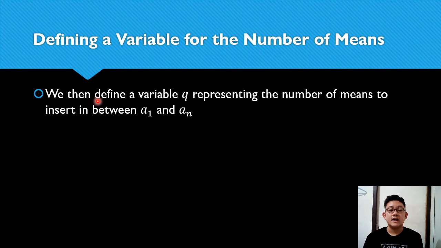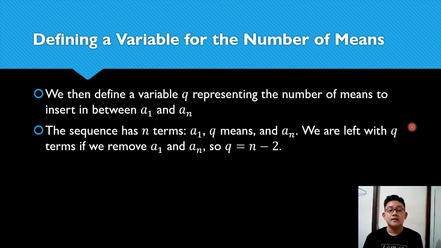We then define a variable q representing the number of means to insert between a sub 1 and a sub n. The sequence has n terms: a sub 1, q means, and a sub n. We are left with q terms if we remove a sub 1 and a sub n, so q would be equal to n minus 2.